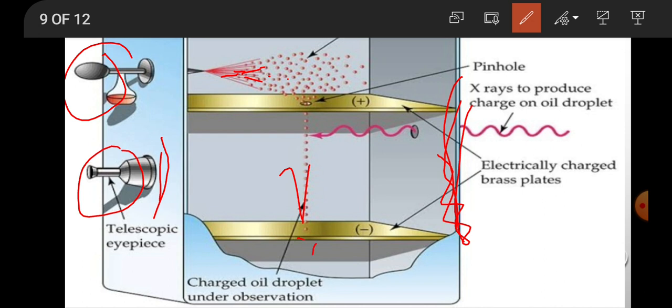Well, it's because there is a gravitational force acting on the oil drops, pulling them downwards. But gravity is not the only force pulling on these oil drops. There is also an electric field that is pulling it in the opposite direction.